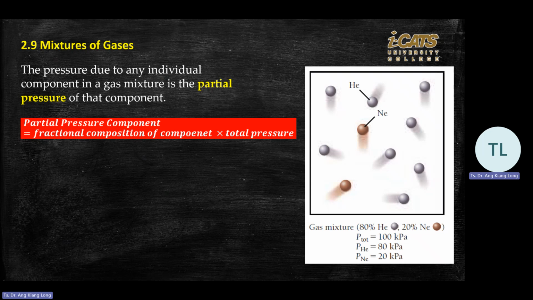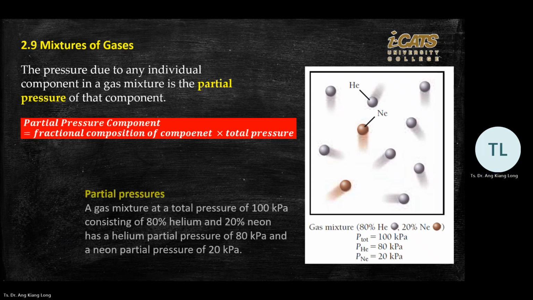You convert percentage into fraction, 80 divided by 100. Multiply by total pressure, which is 100 kilopascal, you get 80 kilopascal. This is how you apply the equation, right? Okay. Any question? No?